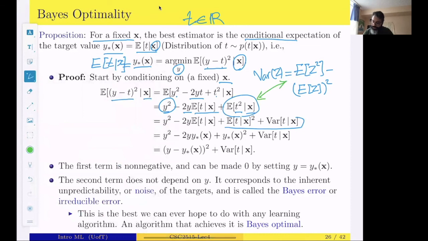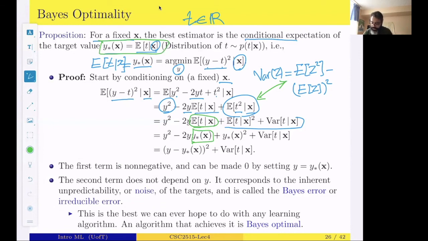Okay, so now I defined the expectation of t conditioned on x to be y star. That's the definition up there. So I just replaced that expectation with y star.